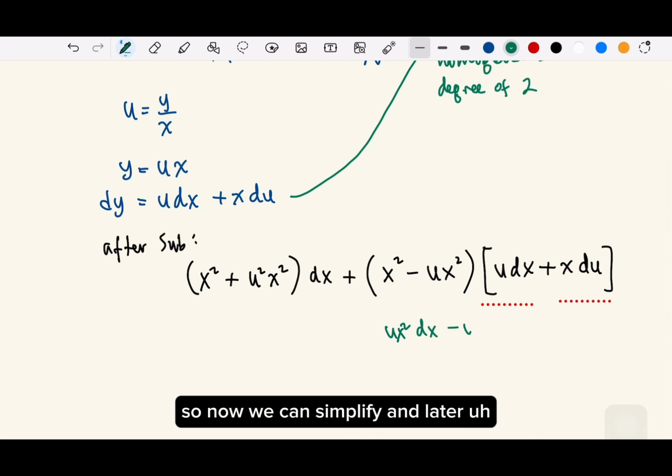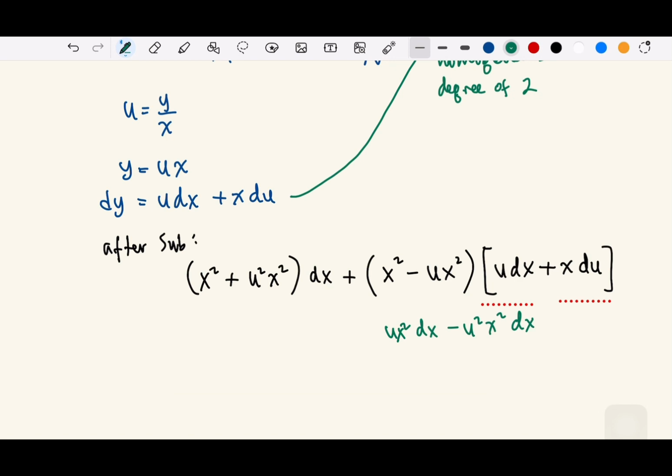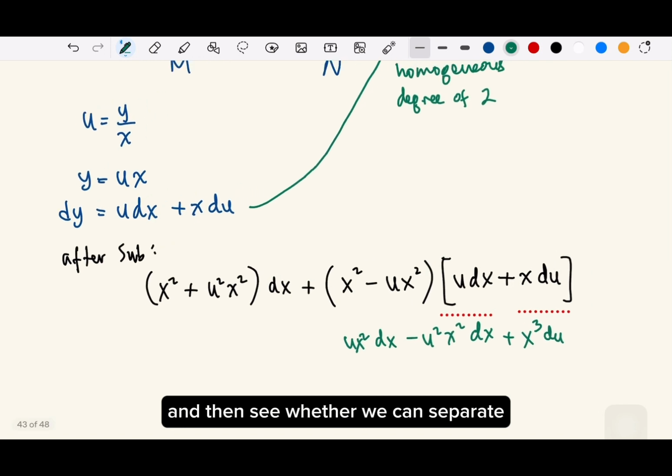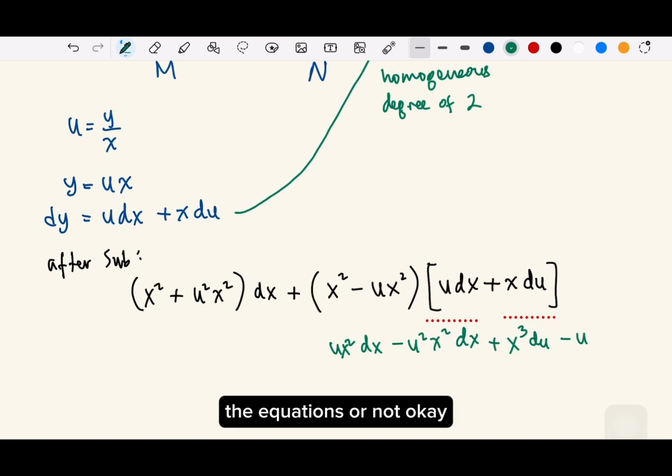So now we can simplify, and later, after we solve this algebra, we can group all the dx and du, and then see whether we can separate the equations or not, okay?